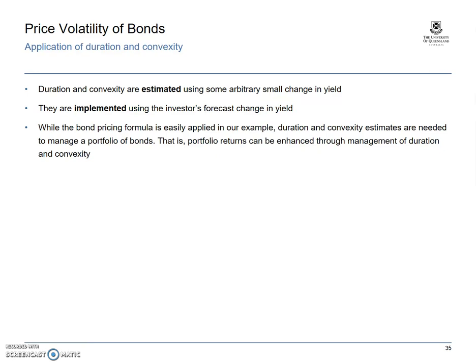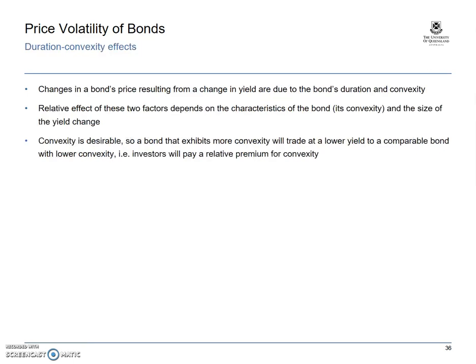Then we can use that with the duration and the convexity to figure out what kind of change we think will happen in our portfolio. Thus we can use the duration and convexity of our portfolio to estimate how volatile it is going to be to changes in interest rates, and therefore we might want to change how our portfolio is positioned.